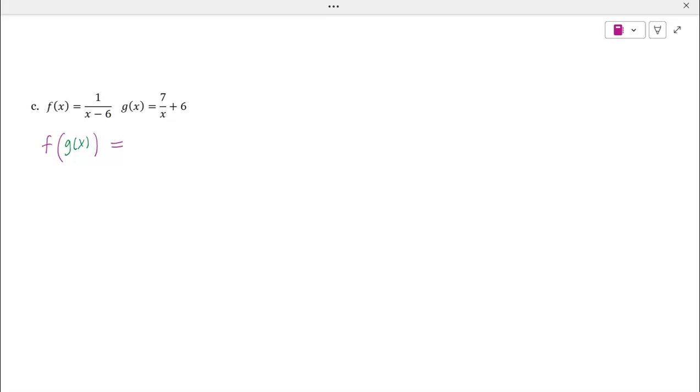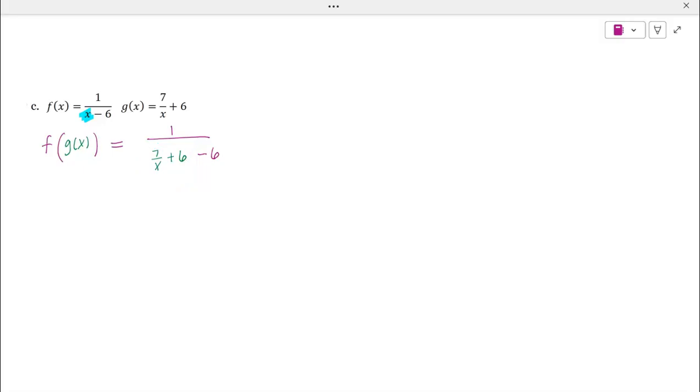So let's see. I'm going to write 1 over, and then instead of x, I'm going to write 7 over x plus 6, and then I'll have a minus 6 sitting here. So again, here is g of x sitting in the place of x there.